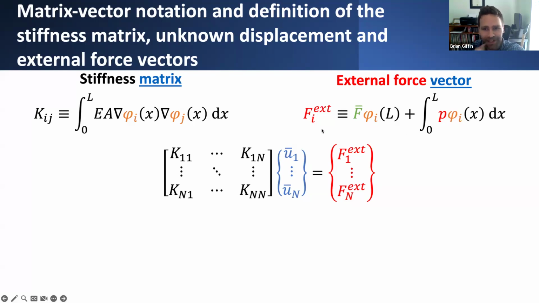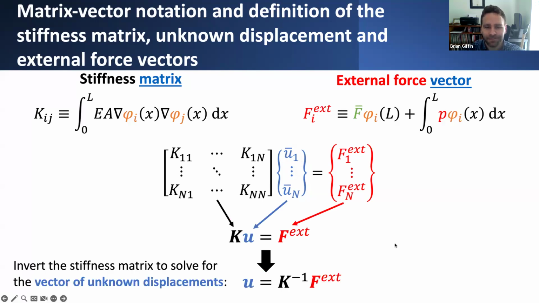That was also indexed by i, essentially the row index in this particular vector. But essentially, we could take all those different quantities expressed in the previous expression and format them into this system of equations involving the stiffness matrix and some external force vector. And we could solve the system of equations for the corresponding vector of unknown displacement field coefficients, the u bar sub i's, where i ranges from 1 to n.